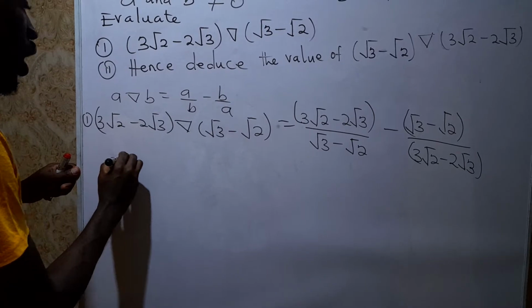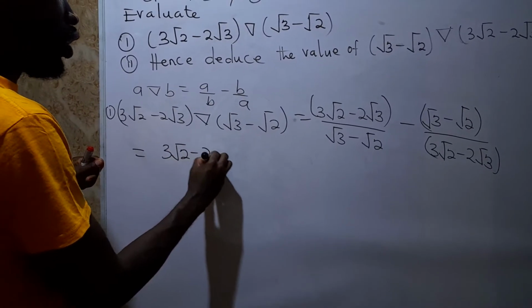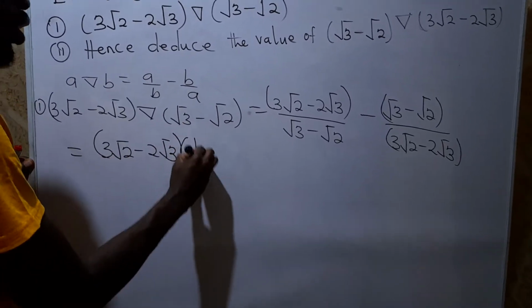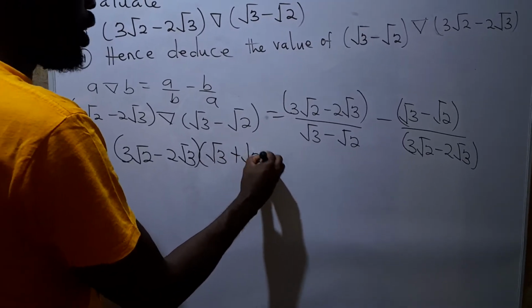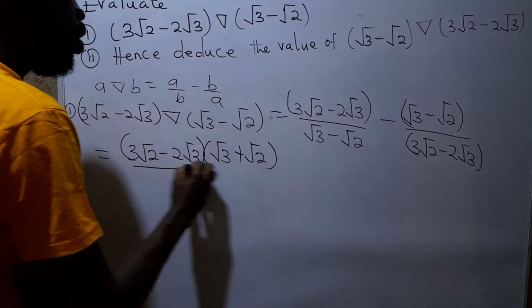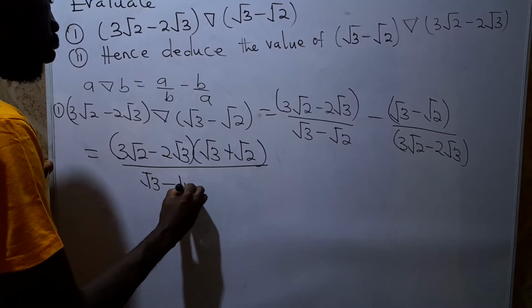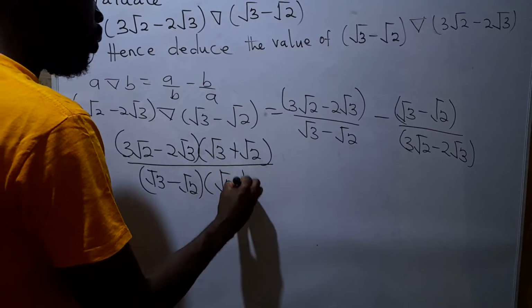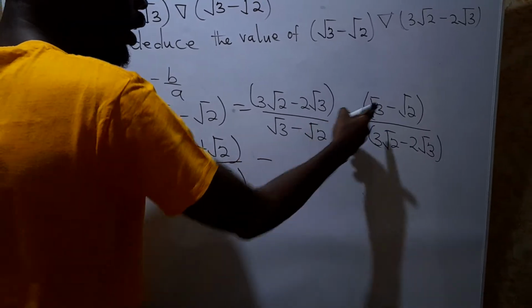So in a nutshell, we'll have 3 root 2 minus 2 root 3 in bracket times root 3 plus root 2. That's the conjugate set of this. Over root 3 minus root 2 times its conjugate, root 3 plus root 2. Then minus the same thing.